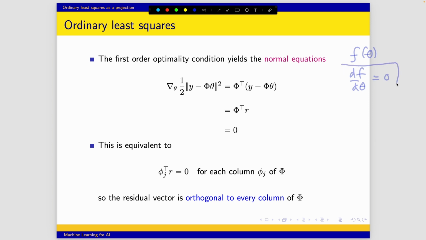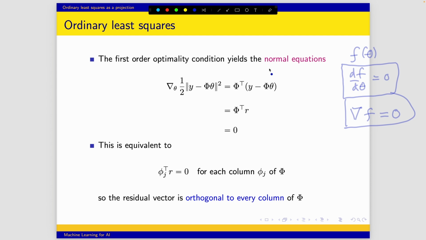And that's where a minimum or a maximum occurs. This we call first order optimality, first order meaning we only use first order derivative information. Now the equivalent of that, if f is a function of a vector theta, would be the gradient of f with respect to theta is equal to the 0 vector, because this is a vector. So first order optimality for a function of one scalar variable is this, and for multiple variables is this.